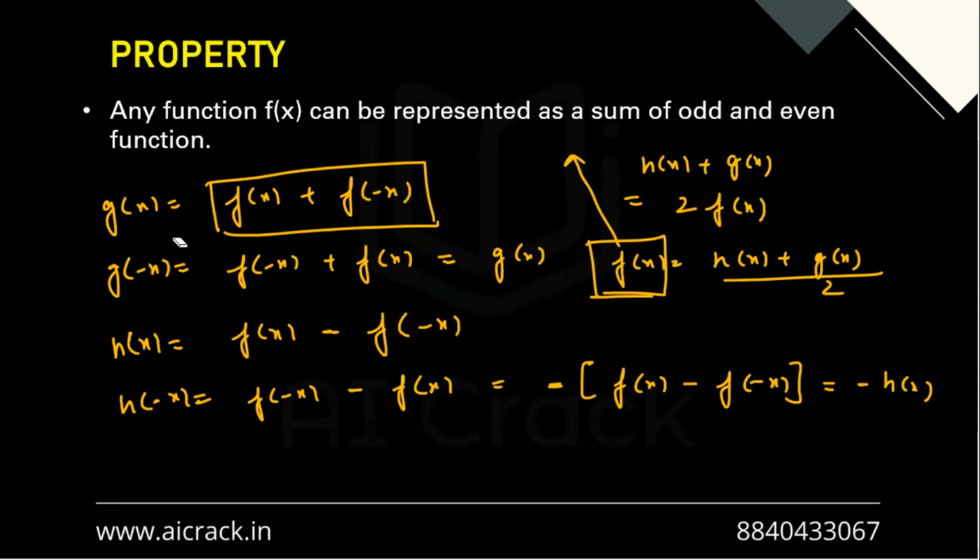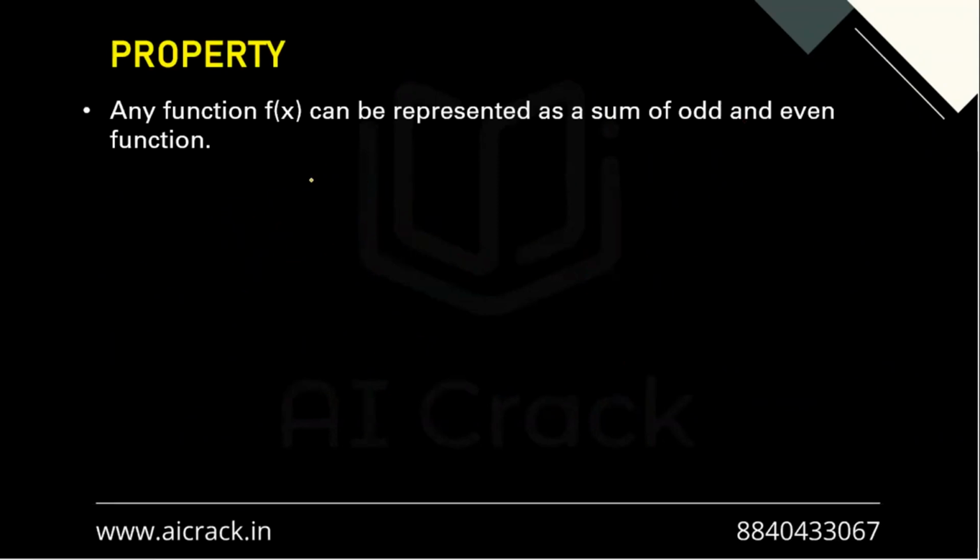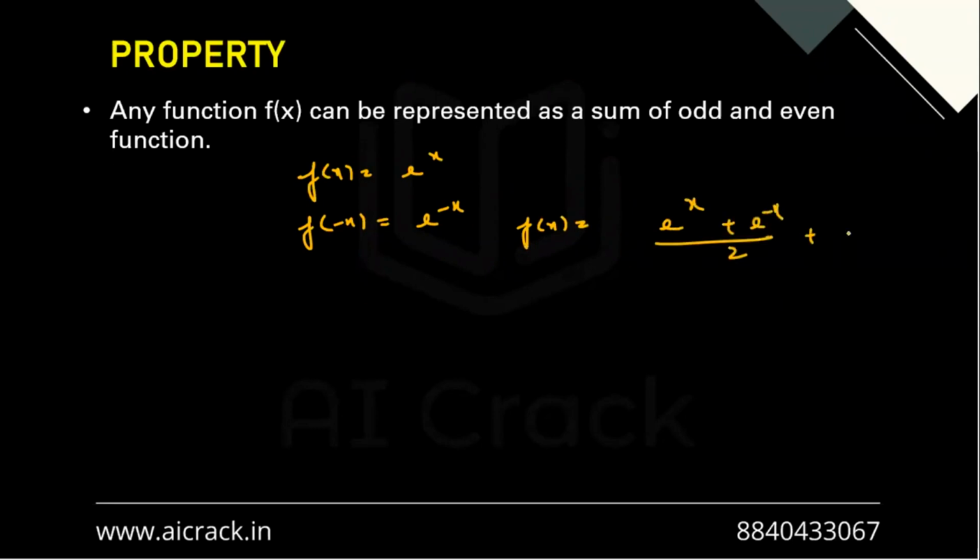So let's remove this and let's take one example. Let's take f(x) equals e raised to power x. So basically f(-x) equals e raised to power minus x. Now if I try to write f(x) in terms of both of these, I'll write f(x) equals (e raised to power x plus e raised to power minus x) divided by 2 plus (e raised to power x minus e raised to power minus x) divided by 2.